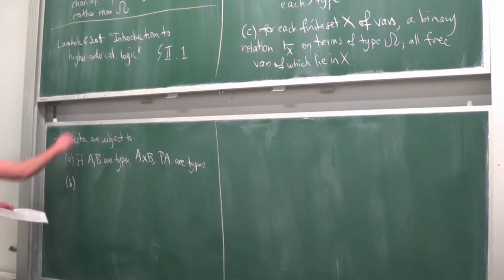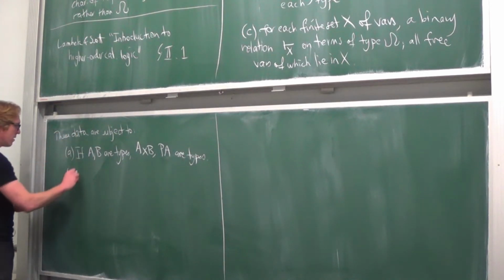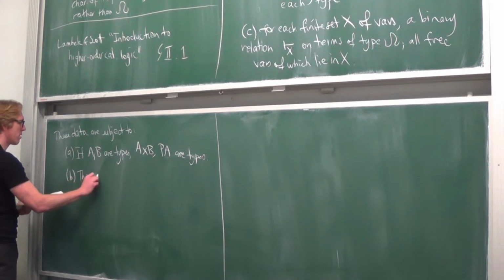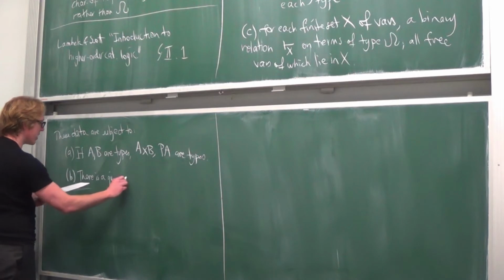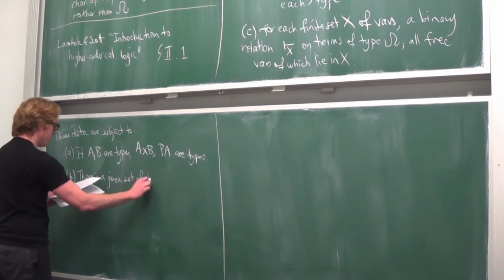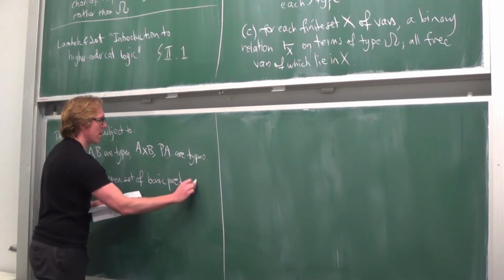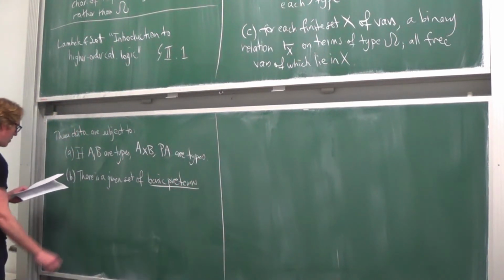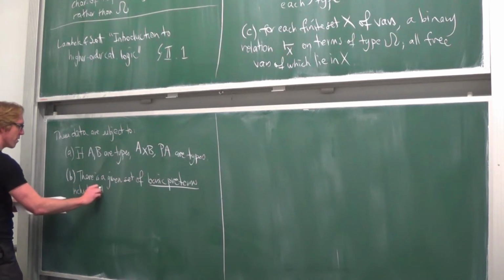Okay, so as I said, we're going to first define preterms. Part of the data of a type theory is a given set of basic preterms, which includes, but is not limited to, the variables.